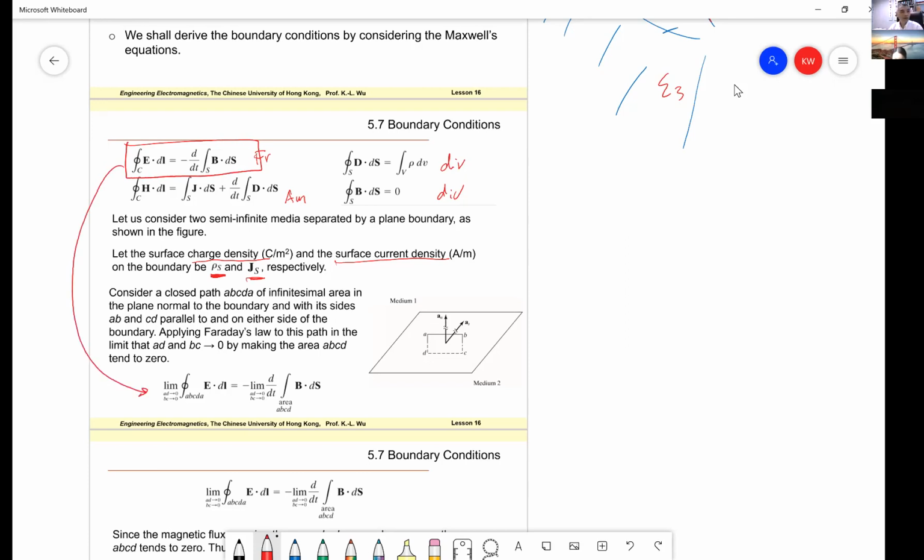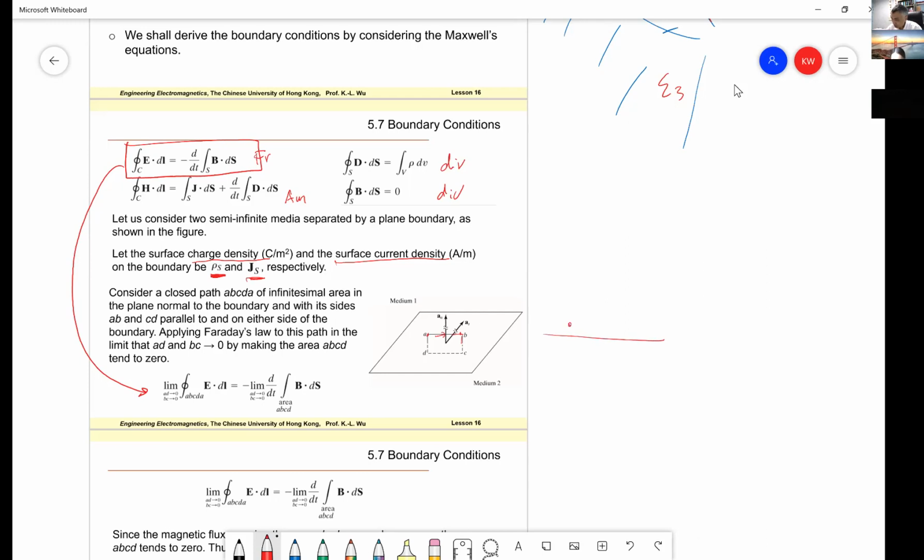Integral form of Faraday's law, by doing what? We define a contour from A to B, and then B to C, where C is on the other side of the boundary.